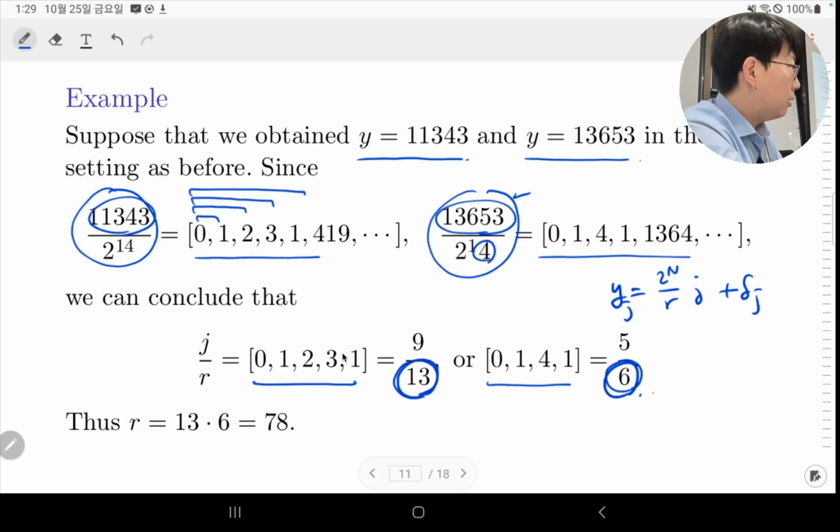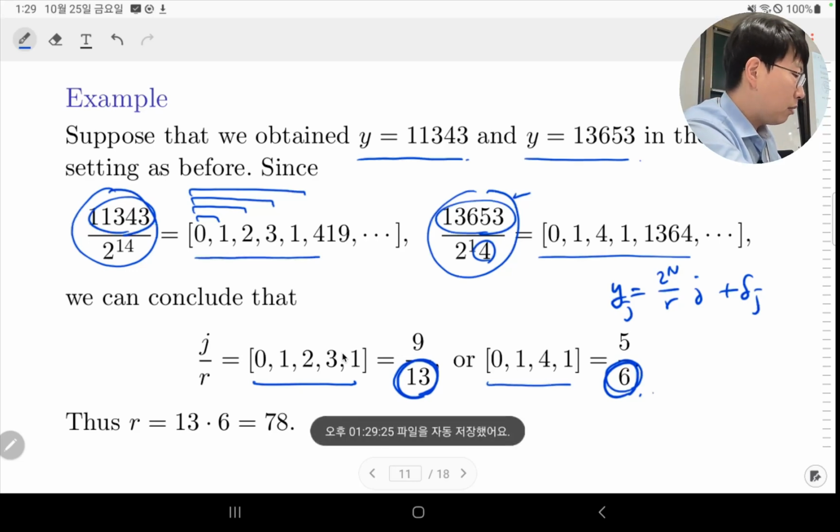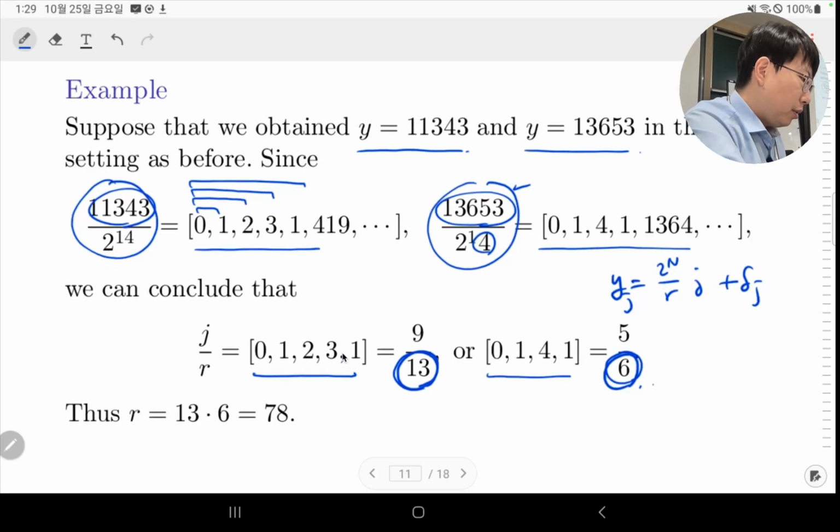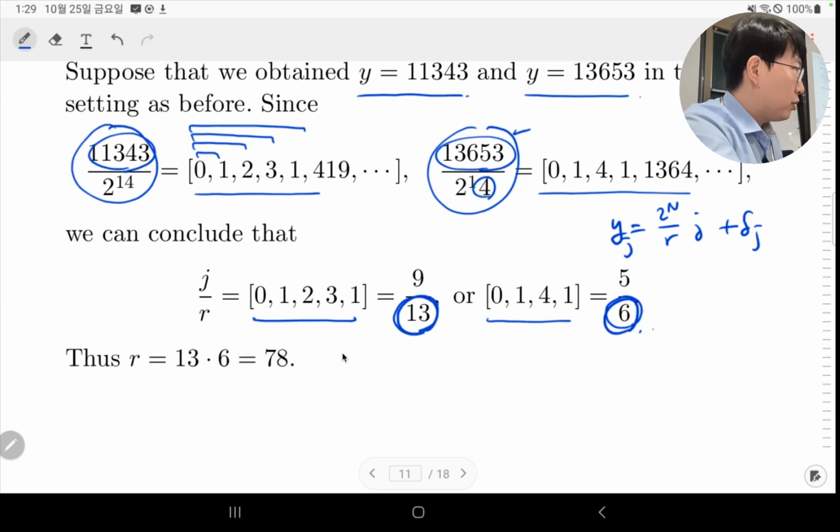So if you take a quantum circuit and take a measurement every time, and you get 13, 6, maybe sometimes you might get 78, but if that's the only number that you get, then it means that 78 is actually the period here. So that's how you get the period of a function in the oracle.